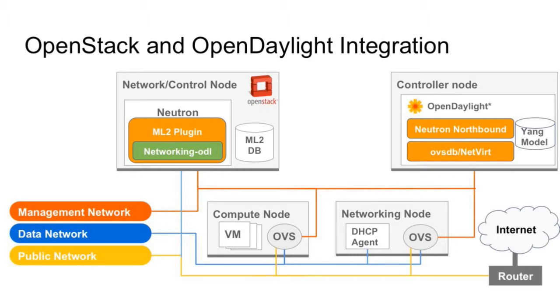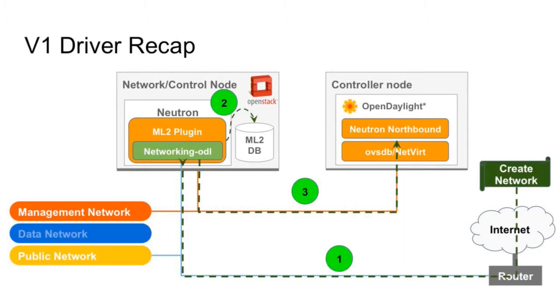Before, the driver was very simple and easy. When a user requests to create a new resource like a Neutron network, subnet, port, and so on, networking-odl updates the Neutron state, which is in MySQL, and then pushes those requests down to OpenDaylight.